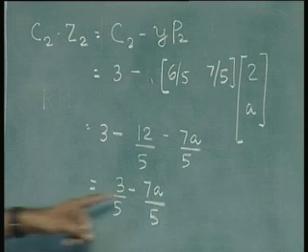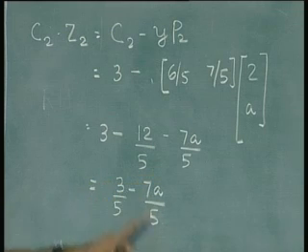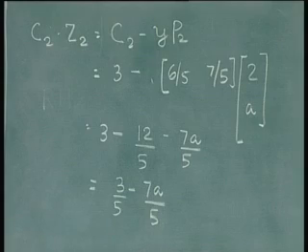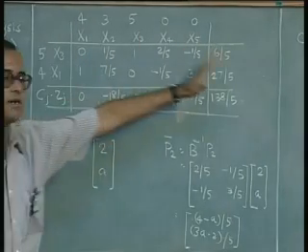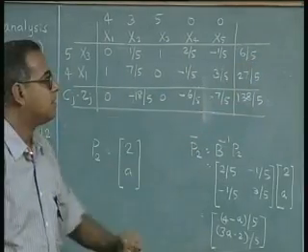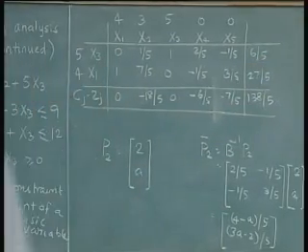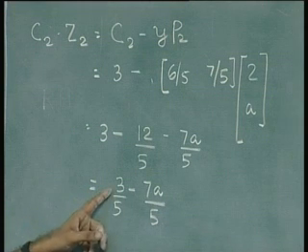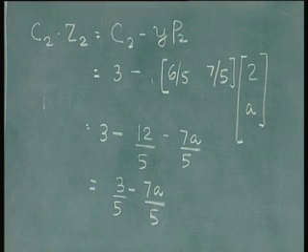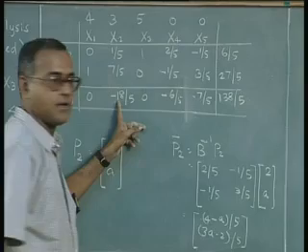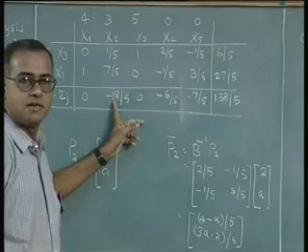Now, if a is such that 3 by 5 minus 7a by 5 is negative, then the present solution will remain optimal. Such a change will not have any impact on the optimal solution. For example, for the present value of a equal to 3, we would get 3 minus 21 by 5, which is minus 18 by 5. Therefore, it remains negative.